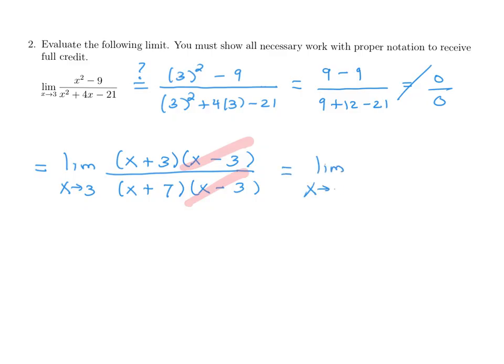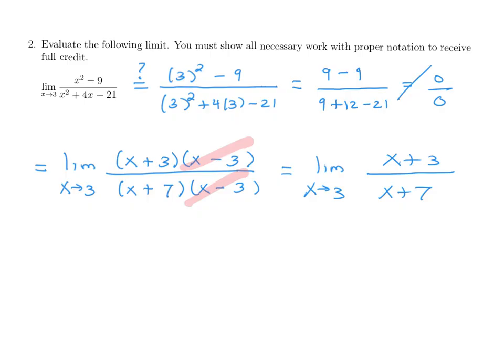This is the limit as x approaches 3 of just what remains, x plus 3 divided by x plus 7. You don't need to include the parentheses anymore, as we only have single terms in the top and the bottom. This limit must be equal to this one, and that's because I don't care what happens exactly at 3 in this expression. Now, can we put 3 in place of these x's to simplify it down to a single number?